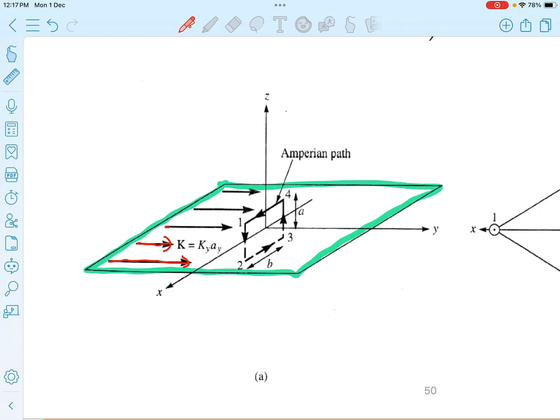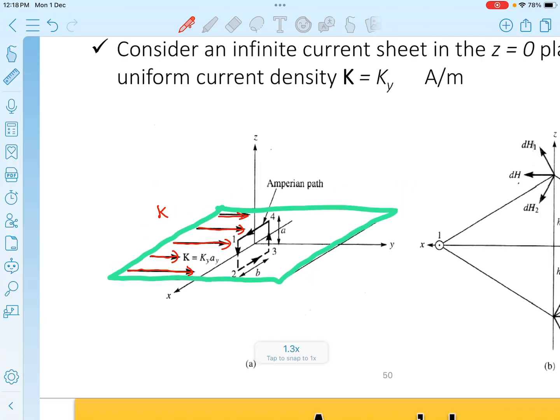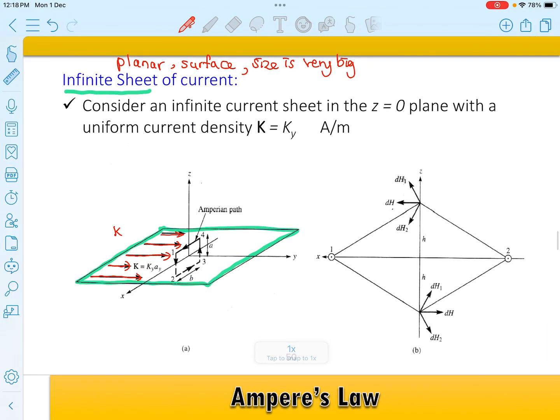The current flowing on this surface is not given as I, but is given as K. What is K? K is the current density, and K is in the y direction. So all the current flows in the y direction.